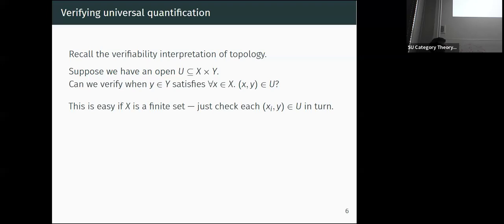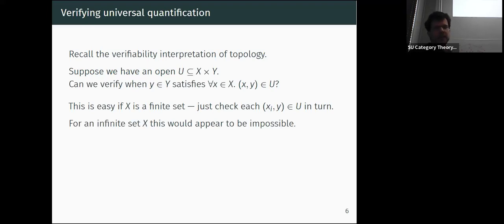In fact, Kuratowski finite works, as long as we have some finite indexing set. But if X is an infinite set, this seems like it's not going to be possible. Because if X were the natural numbers, then we'd need to check infinitely many things, so we wouldn't be able to verify that for any natural number n, (x, n) lies in this open set.